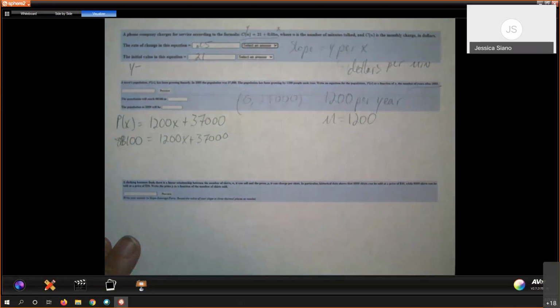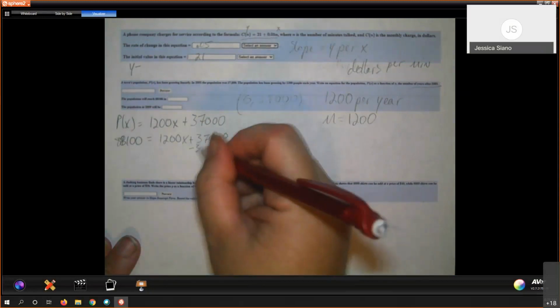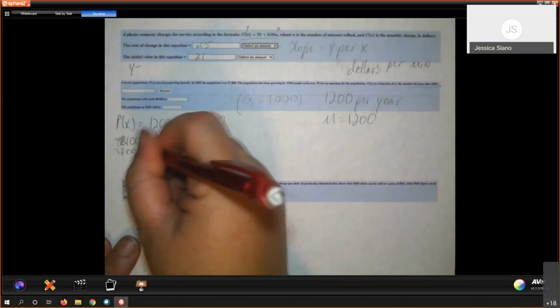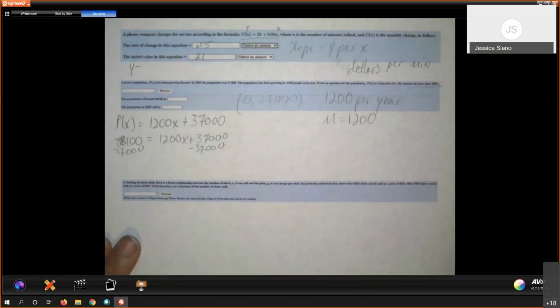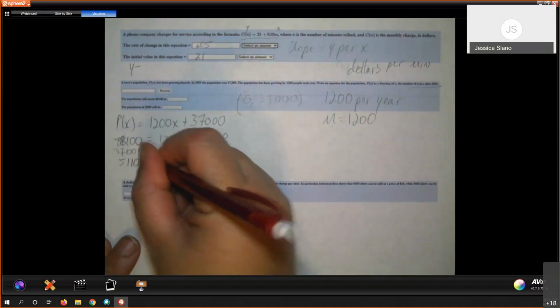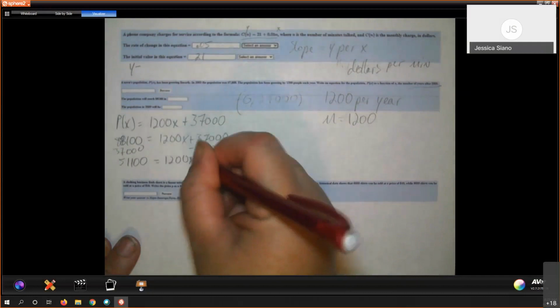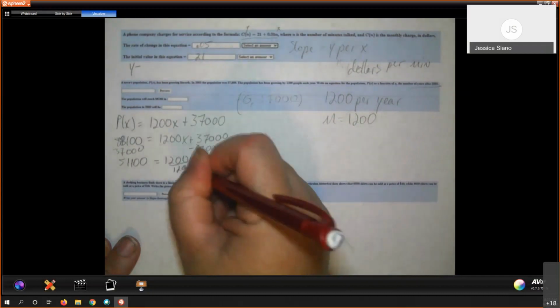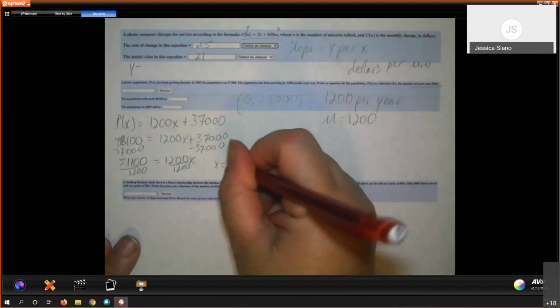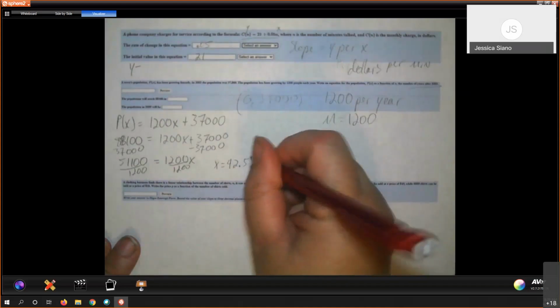So let's subtract the 37,000. $51,100 divided by 1,200. So then x equals 42.58.